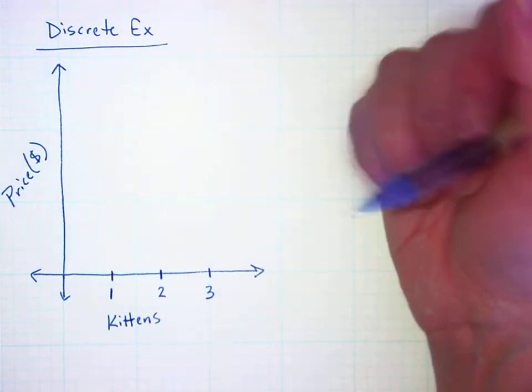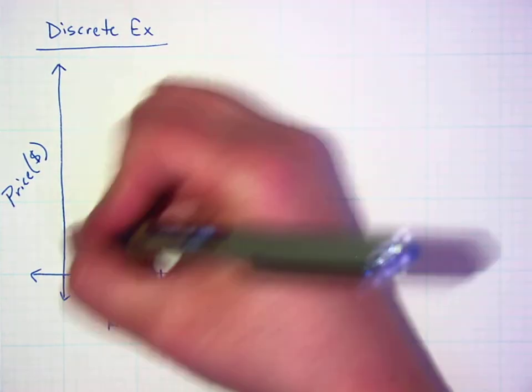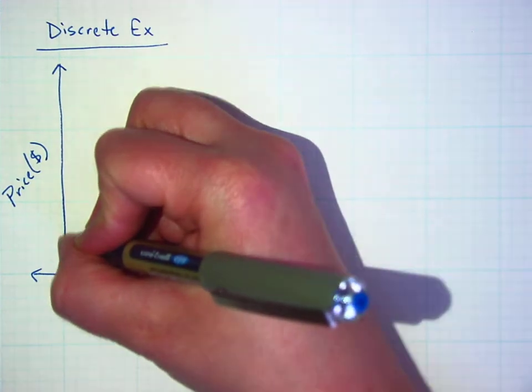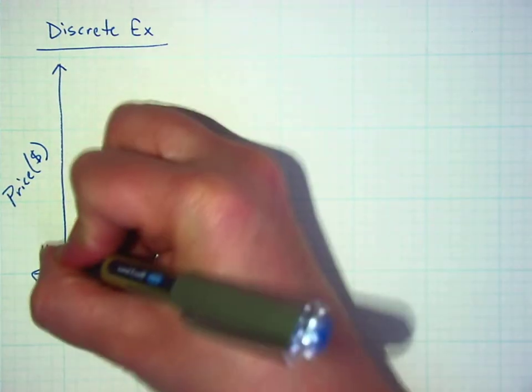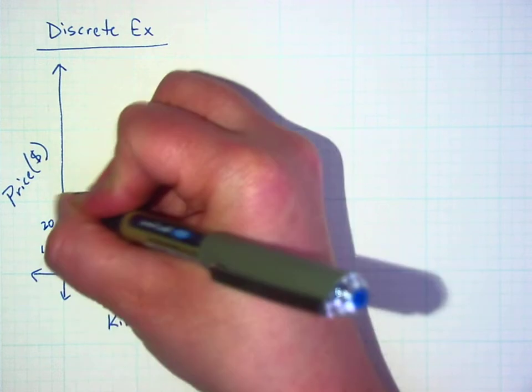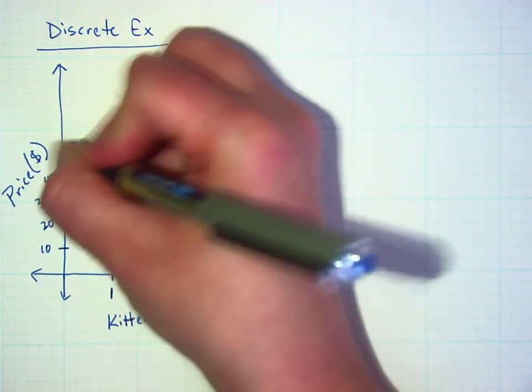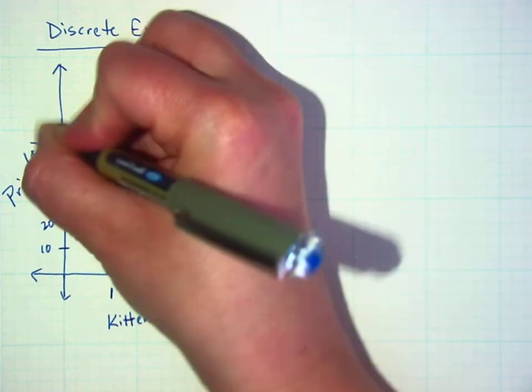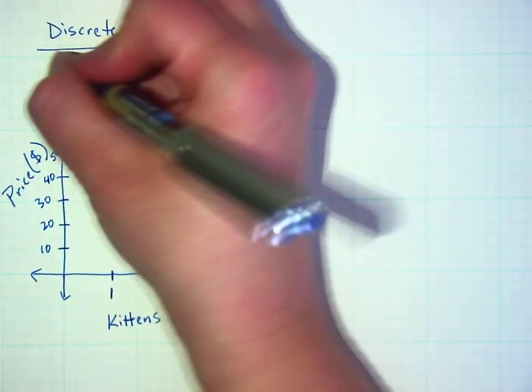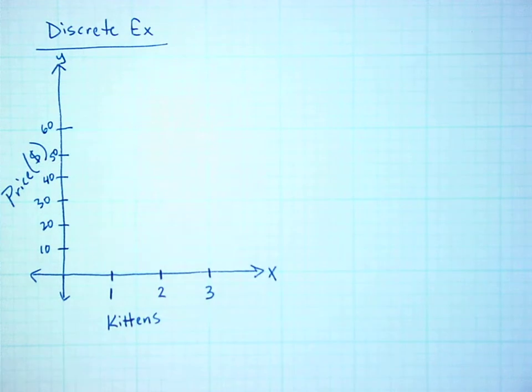So I'm gonna have to go up to 60, so maybe we'll go by tens. Remember, this one going up and down is our y, this one's the x.